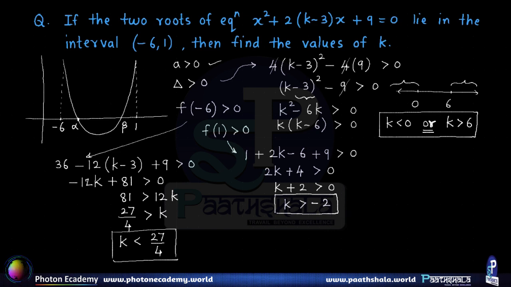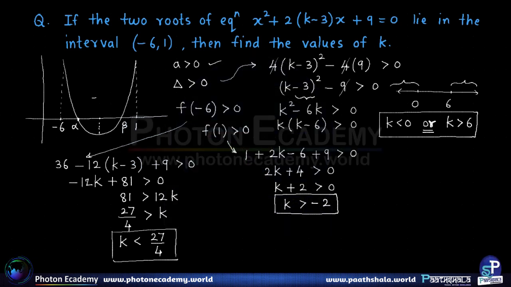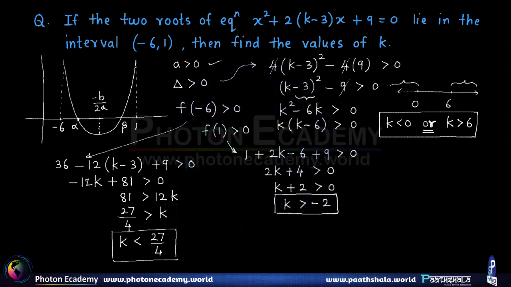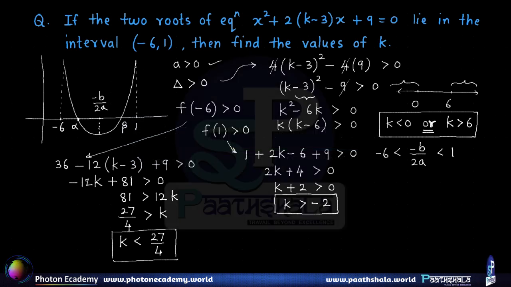We also need to say that minus b upon 2a must lie between minus 6 and 1, because otherwise we may have both k1 and k2, which are the endpoints of the interval, on either side or only one side of the root. So to avoid that, we must write another restriction. Minus b upon 2a must lie between minus 6 and 1.